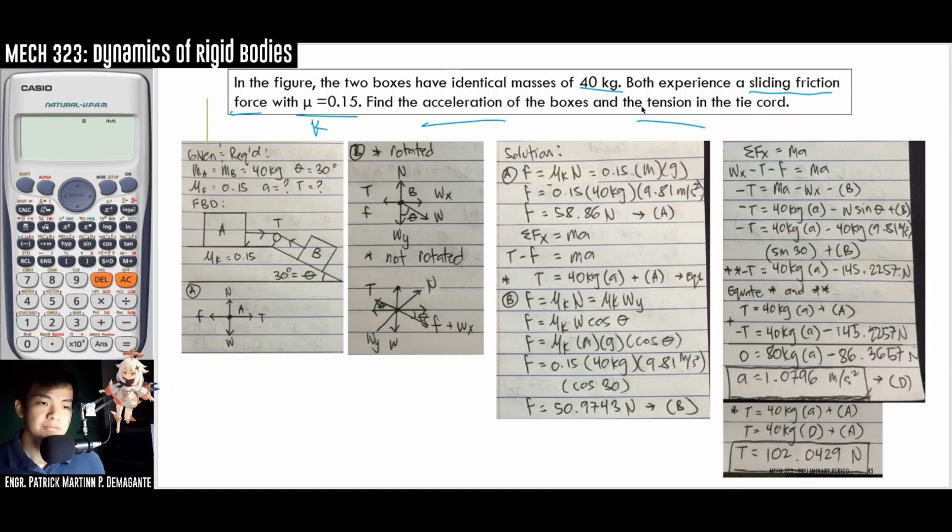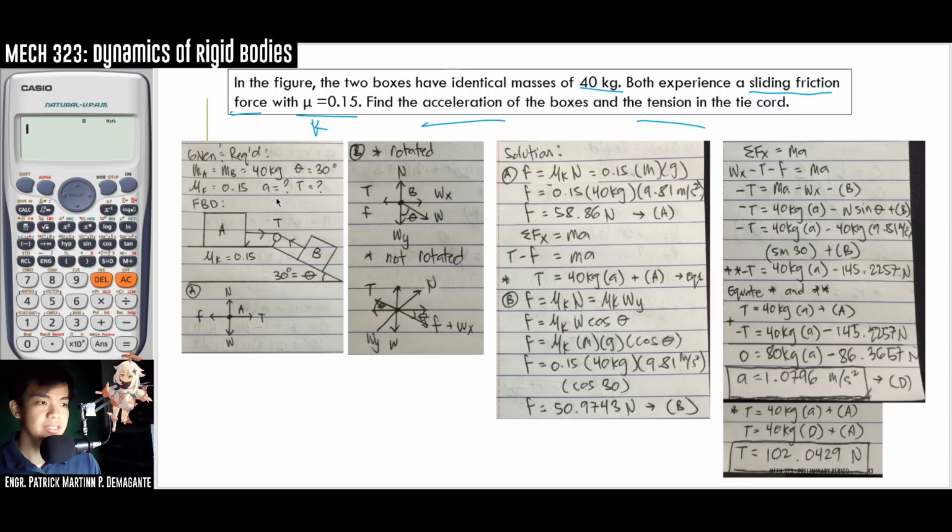So, ayan, no? Usual na pag-solve natin, right? The given and required. Given, meron tayong mass A and mass B, 40. Then, yung sa figure, meron tayong mga angles. Ayan. I-write na lang din natin yung ating kinetic friction coefficient. Then, yung mga hinahanap.